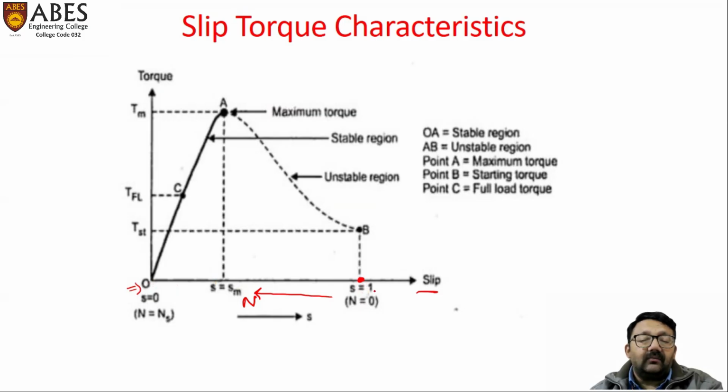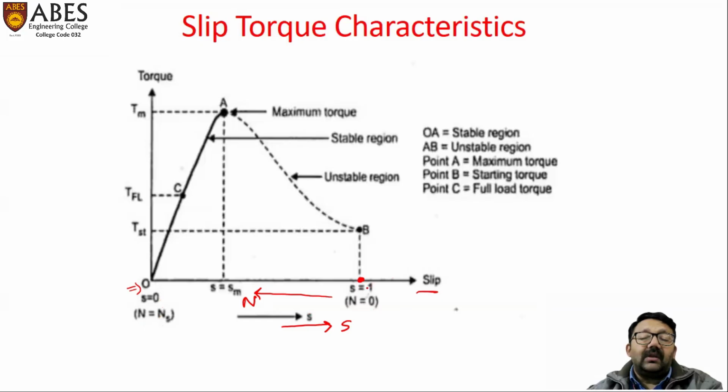Slip is 1 for this curve. 1 means motor is at rest. So in this particular direction, slip is increasing, and opposite to that, motor speed is increasing. As far as variation of speed is concerned, at this particular point, when value of slip is 0, we can assume that at this point, motor speed or rotor is actually running at synchronous speed.